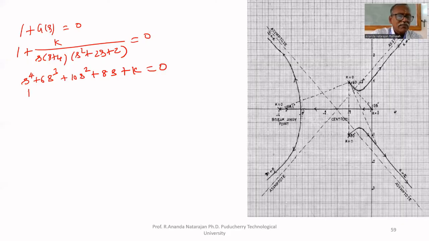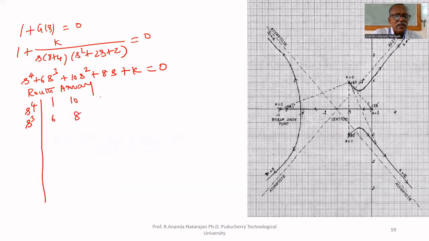So we have to write the Routh array. S power 4: 1, 10, K. S cube: 6, 8. S square: 60 minus 8, that is 52, divided by 6, and K comes automatically here.